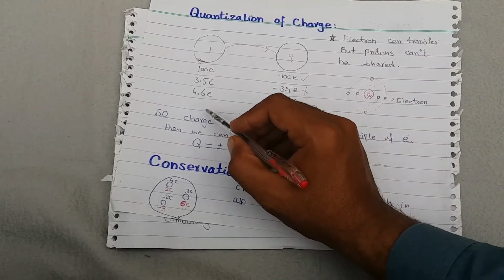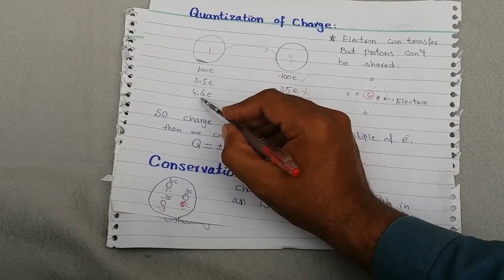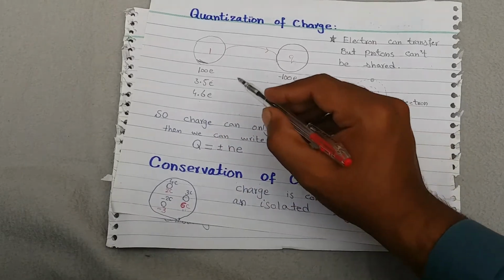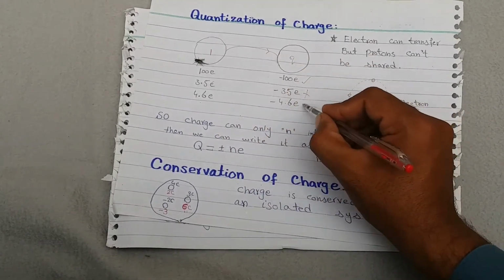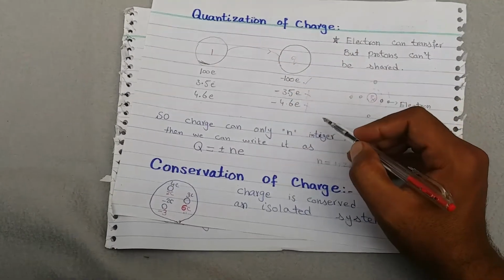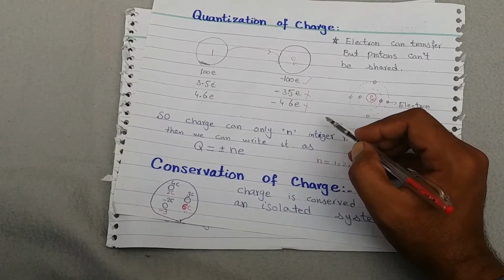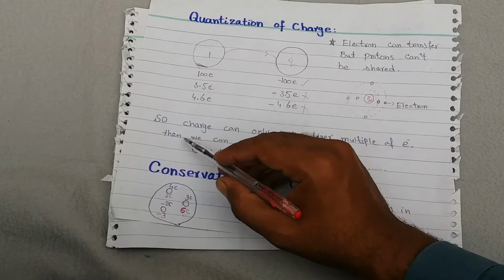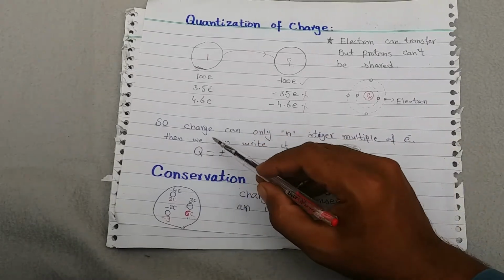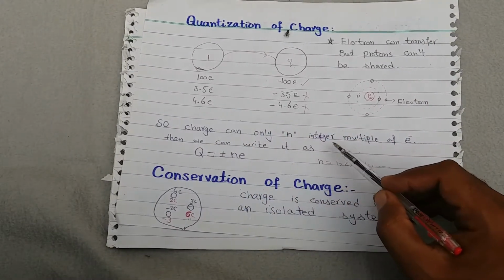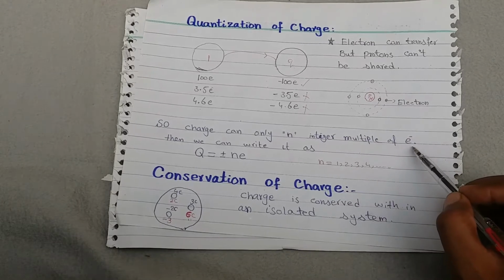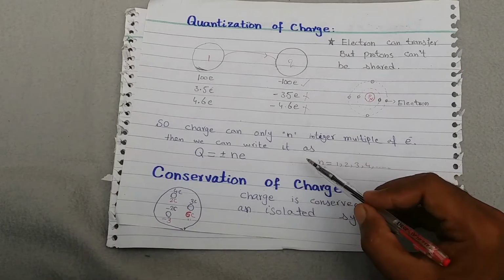So if I say that I'm going to share 4.6 electrons from atom number 1 to atom number 2, that is also a wrong question and answer. In further detail, we can say that charges can only be an integer multiple of the electron charge.